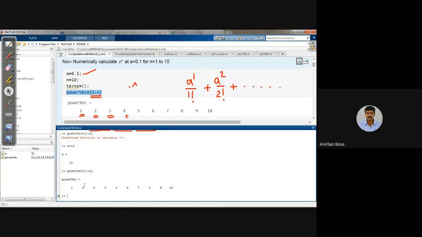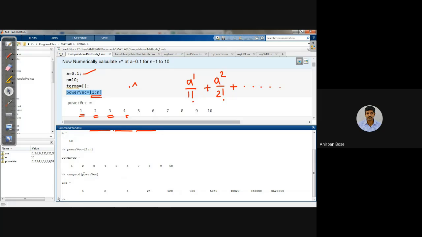And now if we write comprod, that means cumulative product, comprod of this power vec. Now you see what is this output.